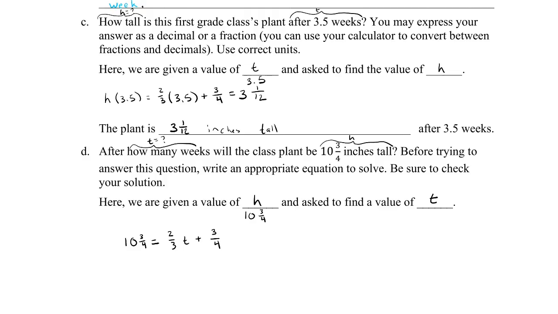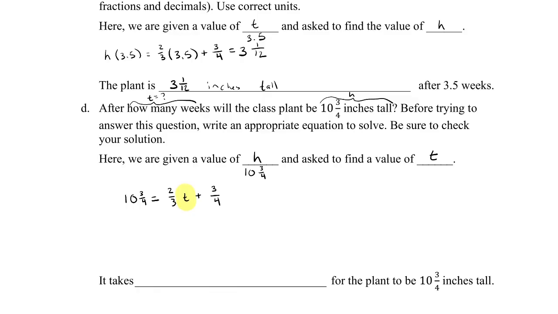And now looking at this equation, we see that our variable is not by itself, so we need to solve a two-step equation here. So I'm first going to rewrite it with the t on the left. So 2/3 t plus 3/4 equals 10 3/4. We'll subtract 3/4 on both sides.